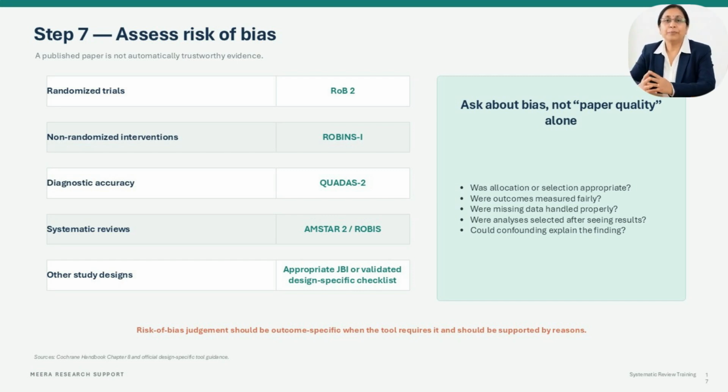AMSTAR 2 or ROBIS may be used when appraising systematic reviews. Other study designs require an appropriate validated checklist. Do not choose a tool because it is easy. Do not convert every checklist into an arbitrary numerical score unless the instrument specifically supports it. Record the judgment and the evidence supporting it.